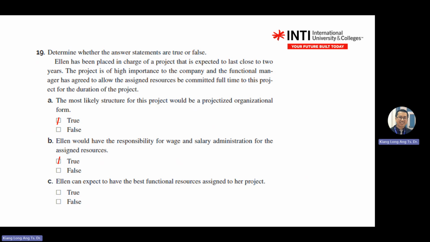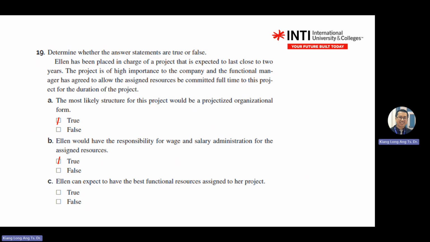So before you answer a question for the project management module, you need to understand what type of organization chart you are speaking about. That's why in chapter 1, we introduced project-based, functional-based, or product-based, and hybrid. Then when you go into chapter 3 and chapter 4, the hybrid part splits into 3: weak matrix, balanced matrix, and strong matrix.